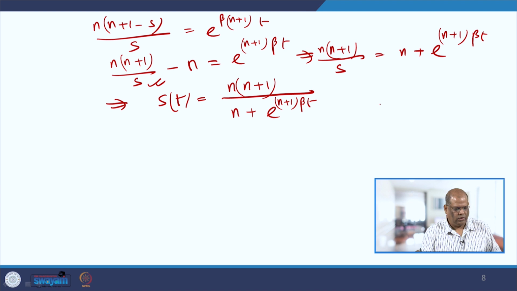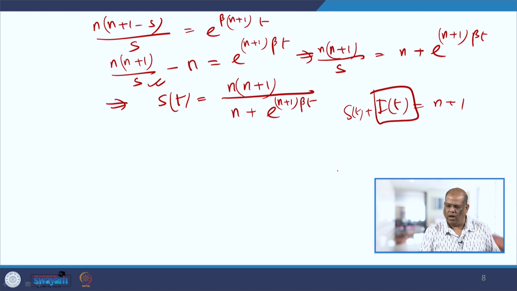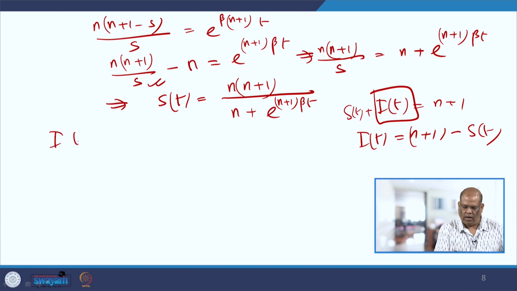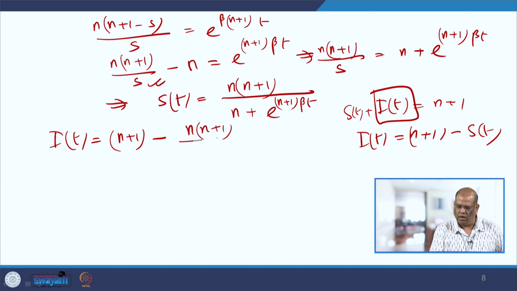And since we have this relation S(t) plus I(t) equal to n plus 1, I do not have to solve for I again from the other differential equation. All I have to do, I(t) equal to n plus 1 minus S(t). So, I(t) is equal to n plus 1 minus S(t), which is n plus 1 minus n into (n plus 1) divided by (n plus e to the power (n plus 1) into beta t).